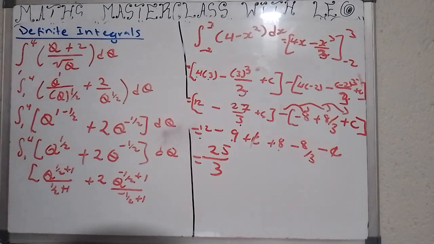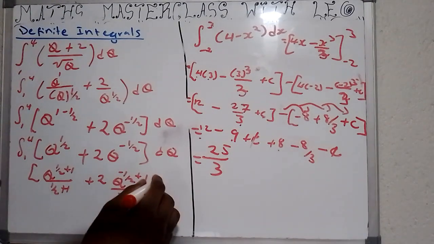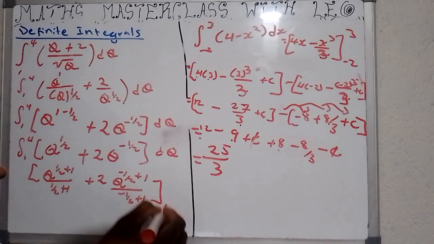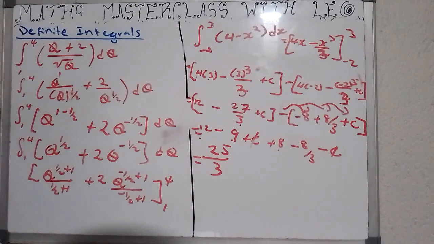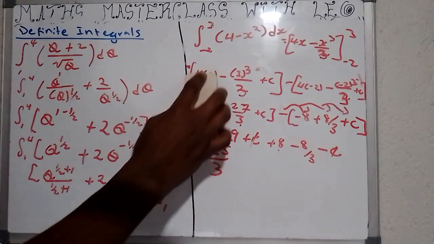So what am I going to get? But I know the limits, it is from 1 to 4. So now, when I say 1 over 2 plus 1, I'm going to have 3 over 2.